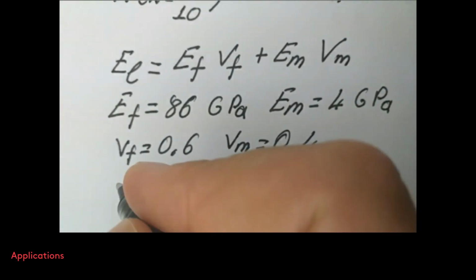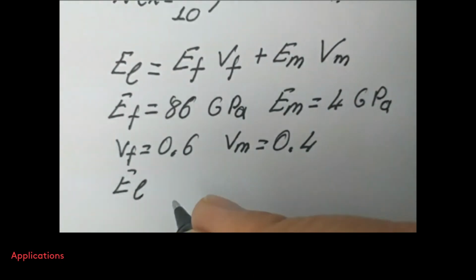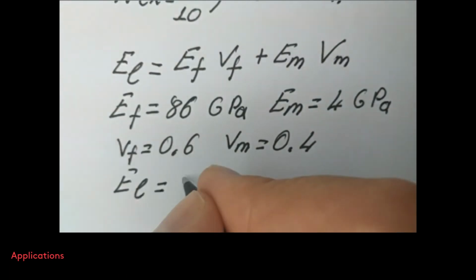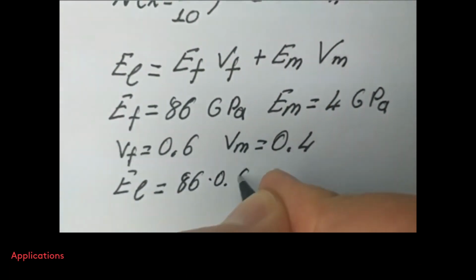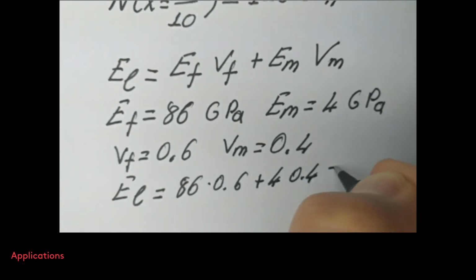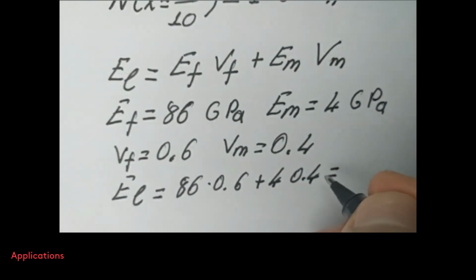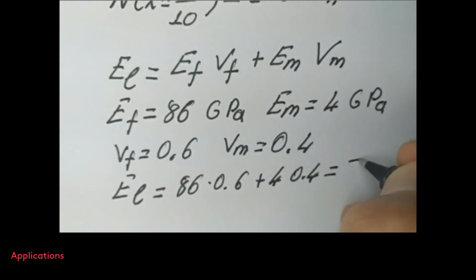So we can calculate the EL as 86 multiplied by 0.6 plus 4 multiplied by 0.4, and the result is 53.2 gigapascals.